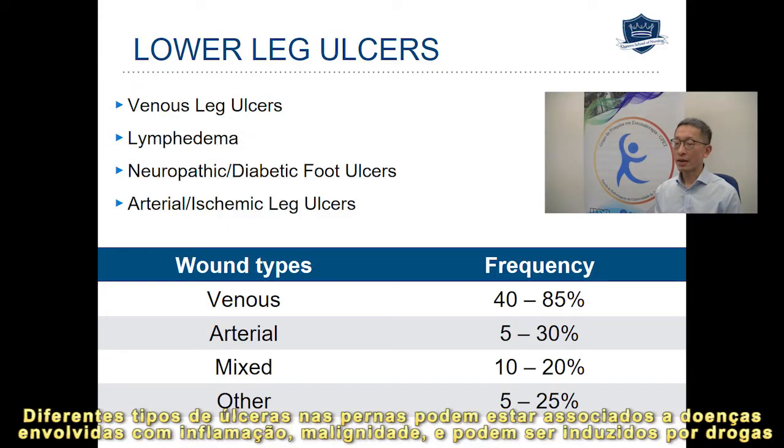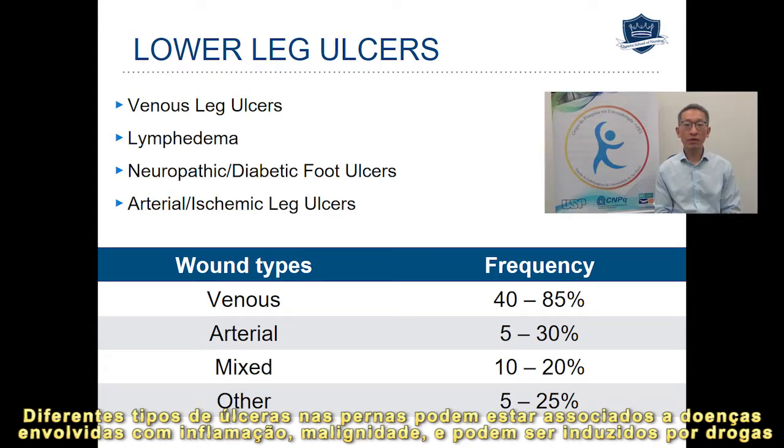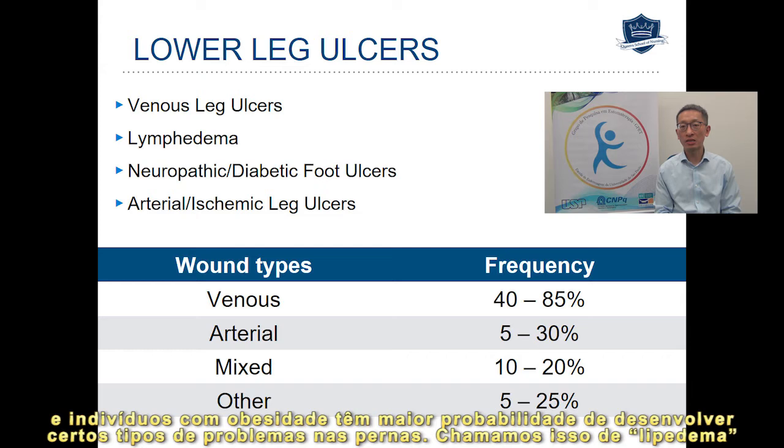As you're aware, there are different types of leg ulcers. It could range from diseases that involve inflammation, it could be related to malignancy, drug-induced, or even in some individuals with obesity, they're more likely to develop a certain type of leg problem. We call that lipedema.